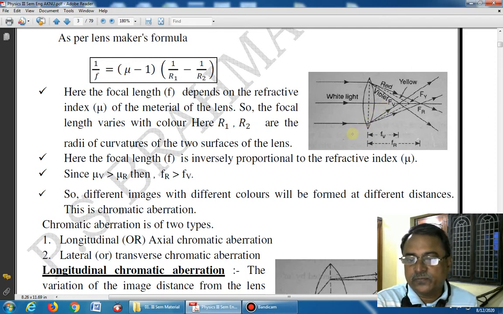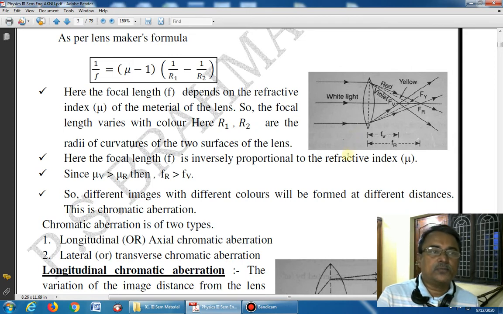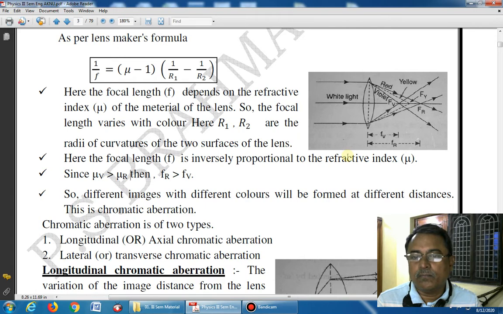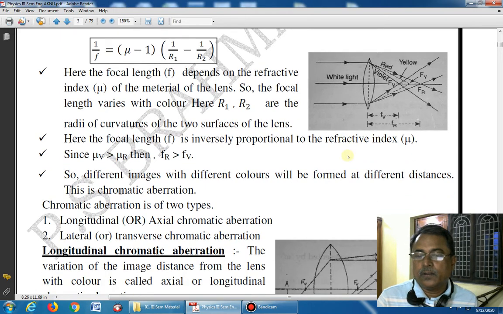Next one is, what are the types of aberrations? The first one is longitudinal or axial chromatic aberration, and the second one is lateral or transverse chromatic aberration.